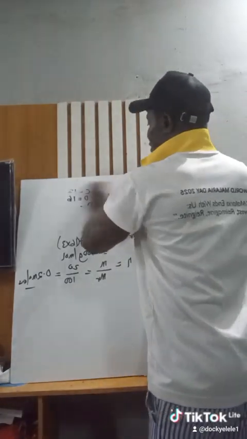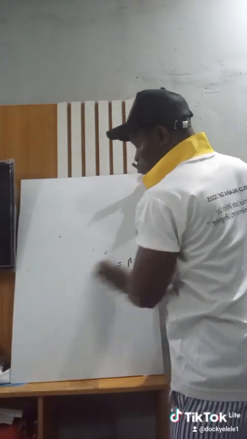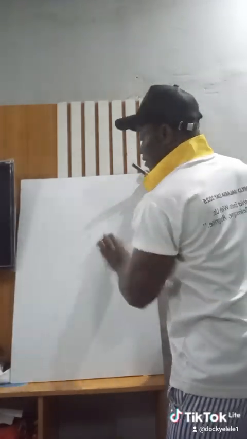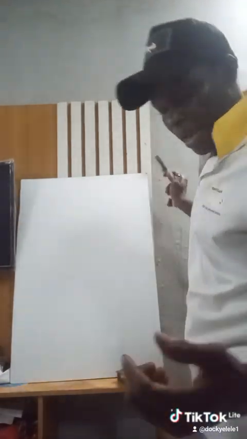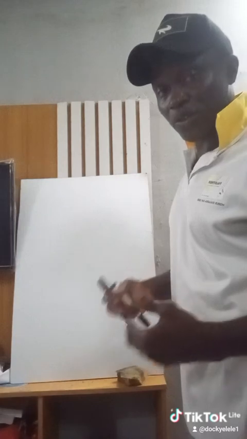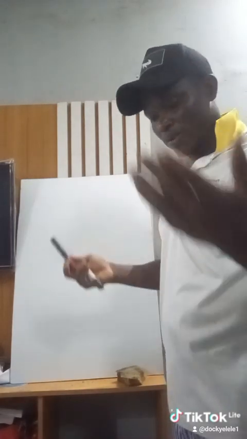So let's move on and solve the third question. Remember I told you that we're taking questions from standard questions like WAEC past questions, JAMB past questions, and all the rest.